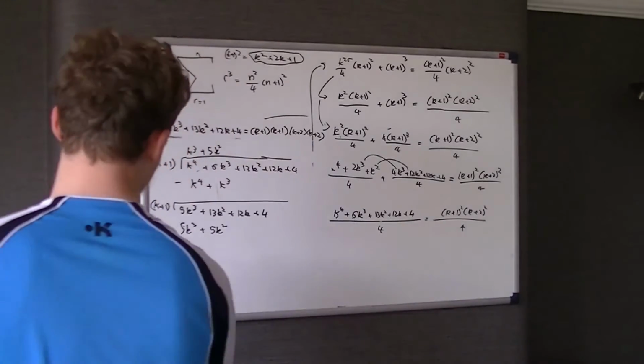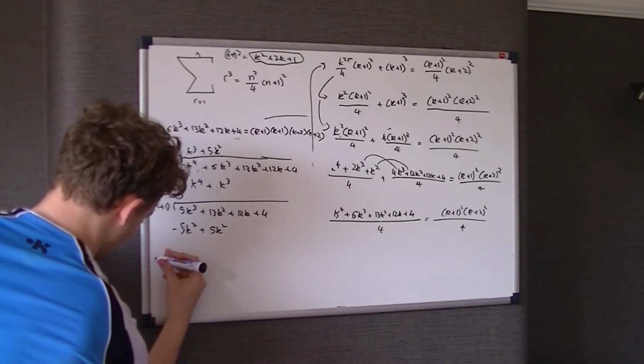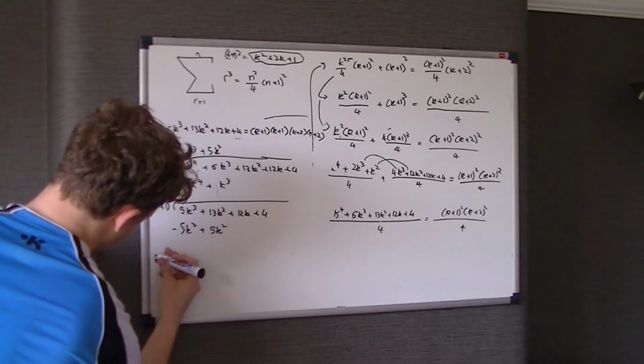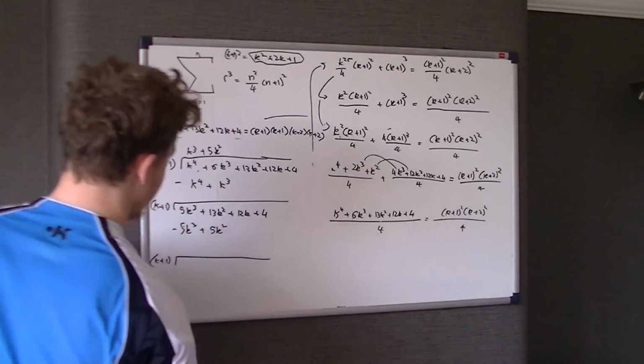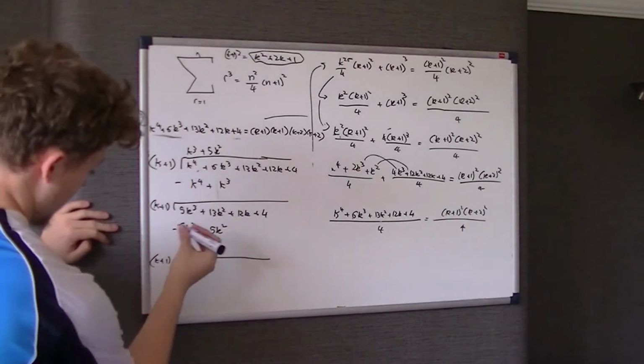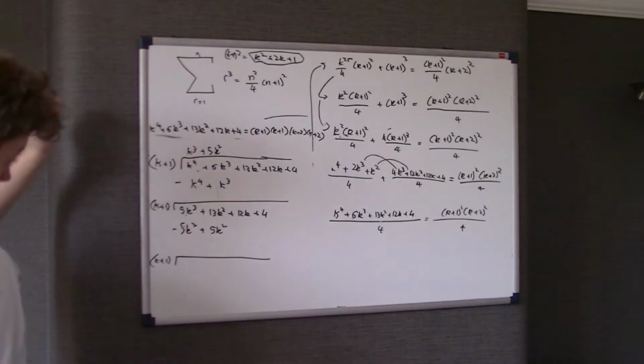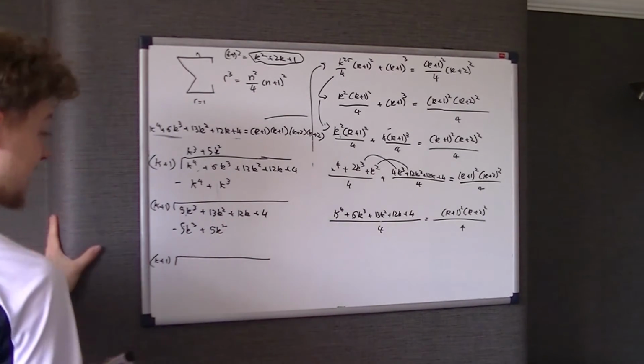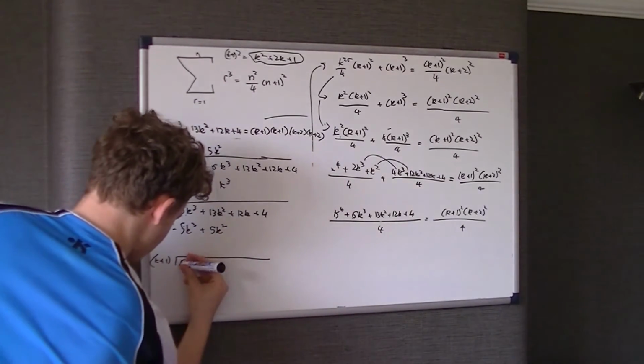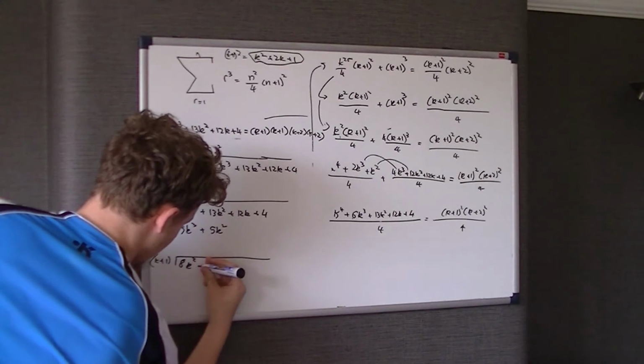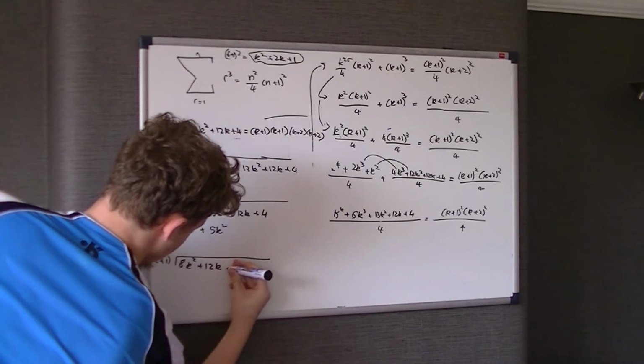You can keep going. So we do the next line of working. Obviously you do this a lot faster in the exam than I'm doing, I'm just trying to talk through it. And you take the 5k cubeds away, so they cancel, and then 13k squared take away 5k squared, that's obviously 8k squared, plus 12k, plus 4.